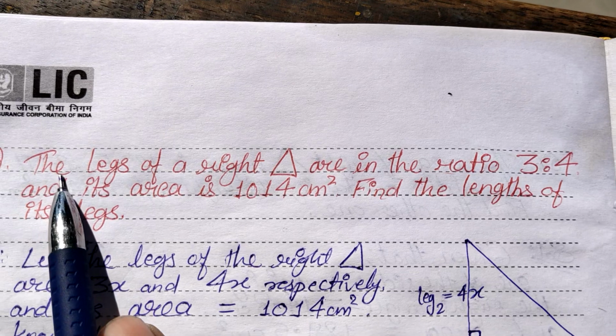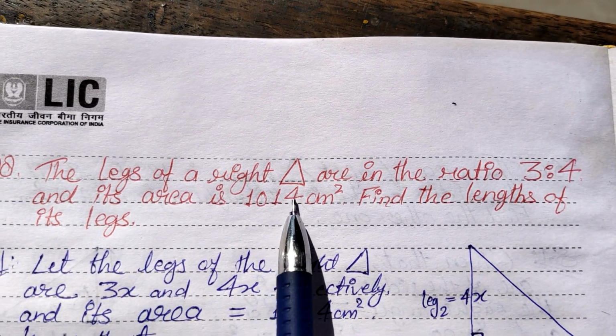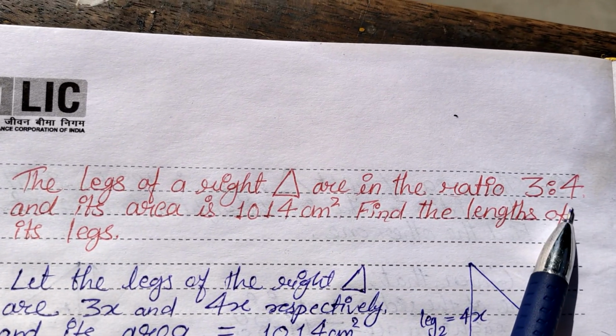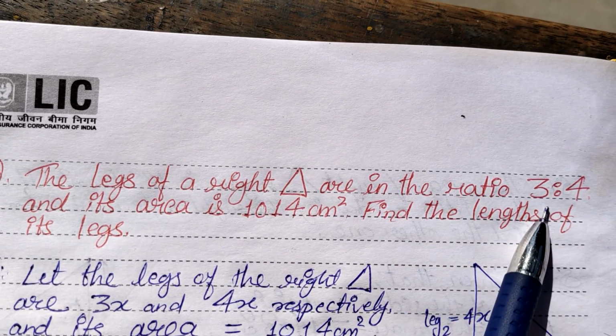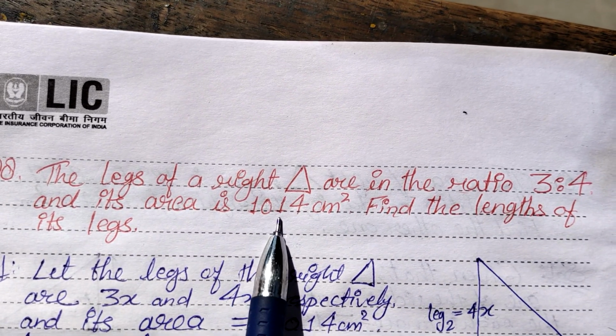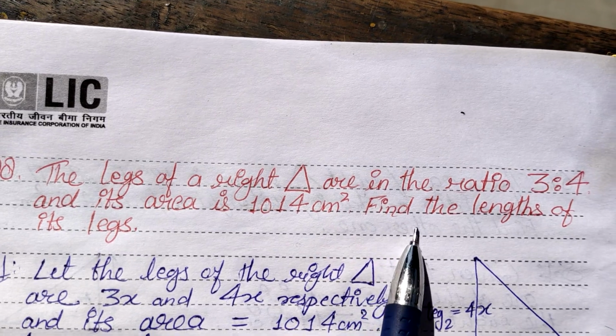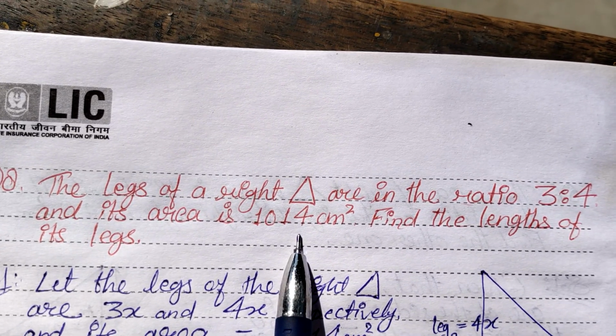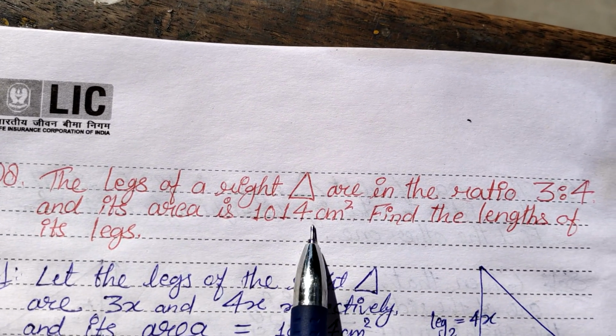Question number 8. The legs of a right triangle are in the ratio 3:4 and its area is 1014 centimeter square. We have to find the length of its legs. Here we have legs in the ratio and area.